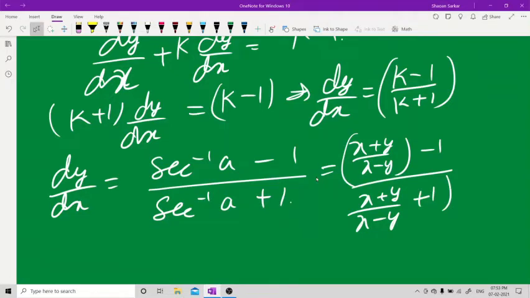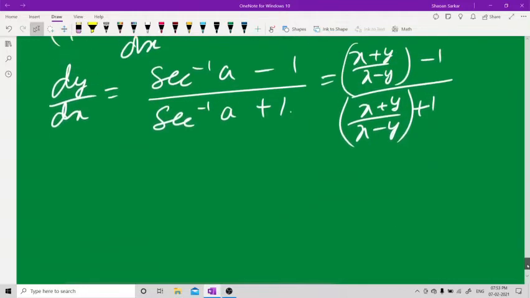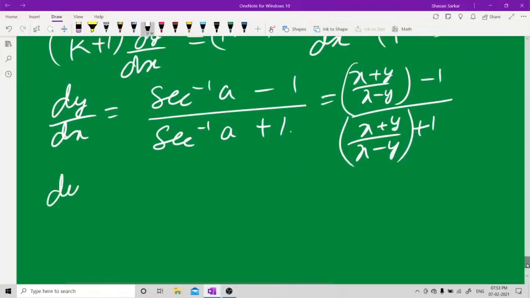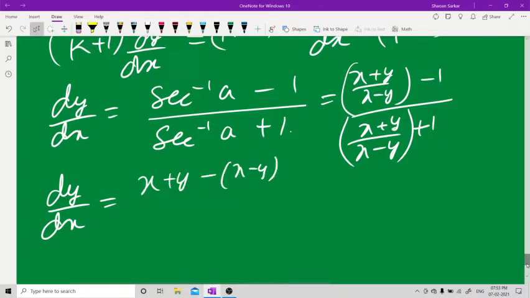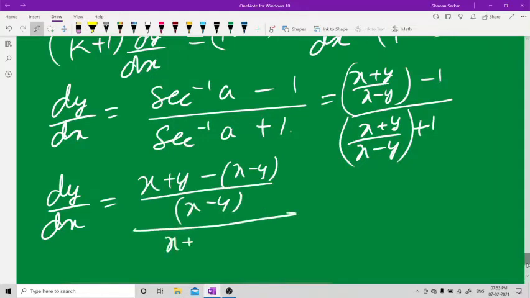Now you take the LCM. The LCM is to be taken like this. Yes, dy by dx: take the LCM. (x plus y) minus (x minus y) upon (x minus y), whole over (x plus y) plus (x minus y) divided by (x minus y).